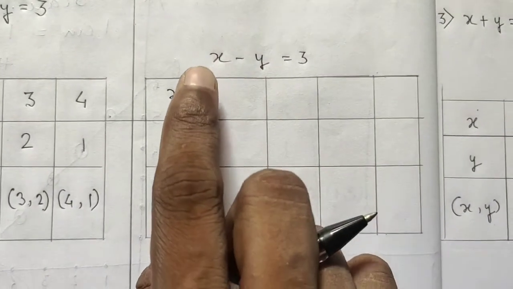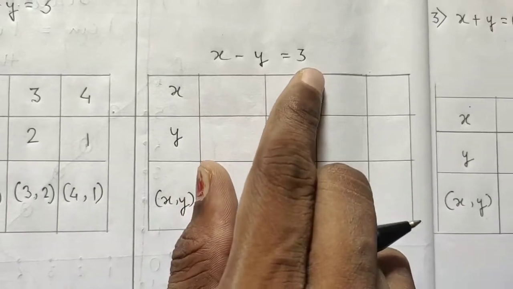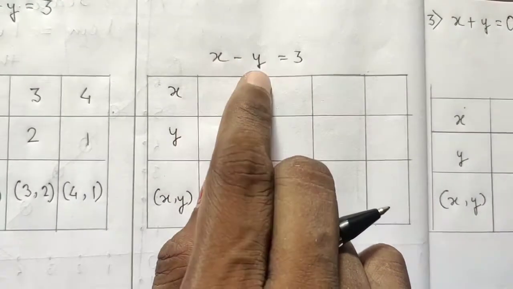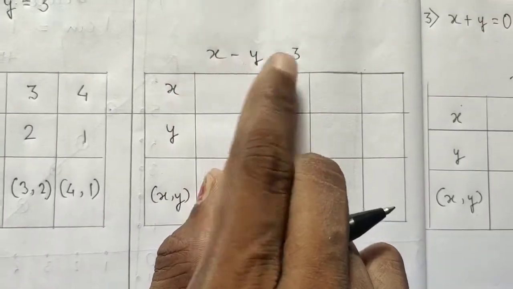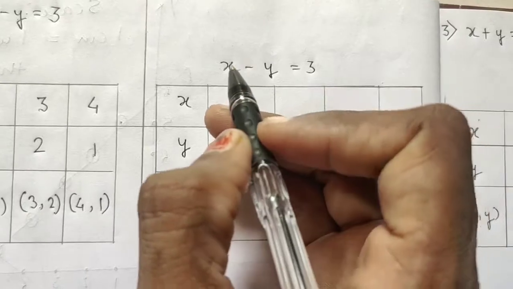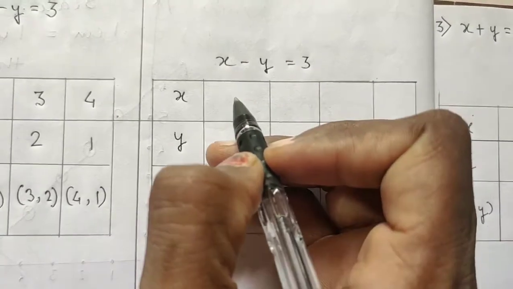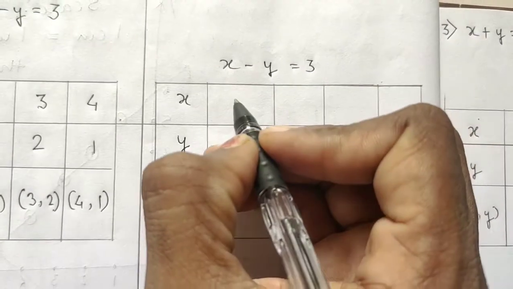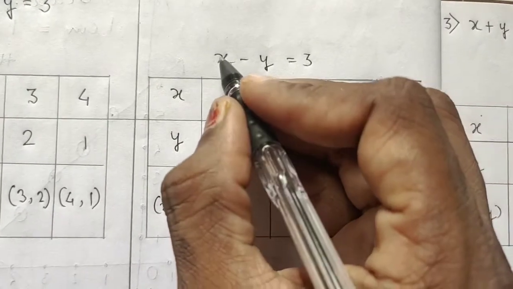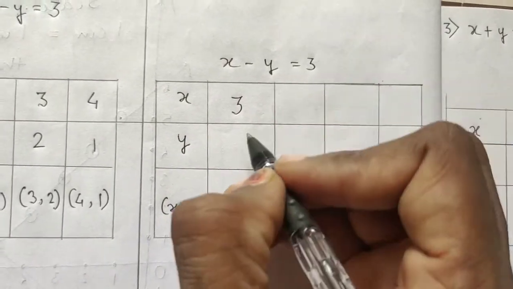Now what is the equation? x minus y gives you 3. So you need to select those values of x and y such that their subtraction gives you 3. Now for this, see, you need to take higher values of x. Okay, suppose I am taking x value 3. Then 3 minus 0 gives you 3, na?